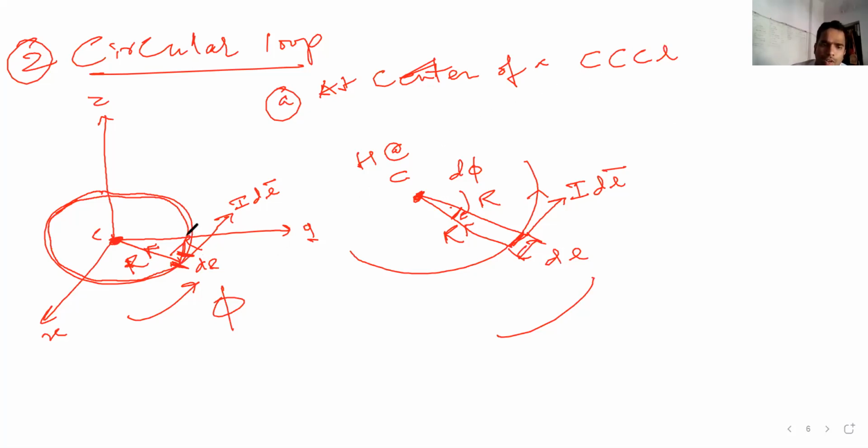They are perpendicular, right? This is a radial vector and this is a tangential vector. So the angle between Idl bar and R cap is 90, theta is 90. Is this fine?